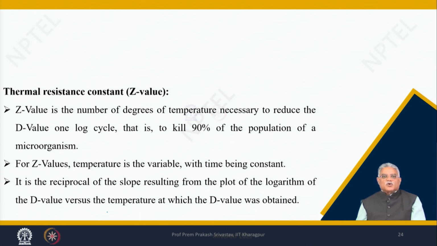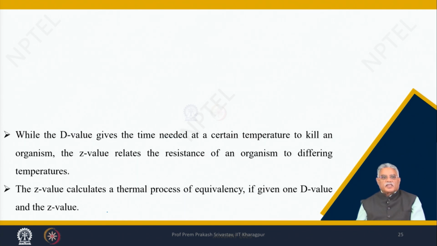It is the reciprocal of the slope resulting from the plot of the logarithm of the D value versus the temperature at which the D value was obtained. While the D value gives the time needed at a certain temperature to kill an organism, the Z value relates the resistance of an organism to differing temperature.